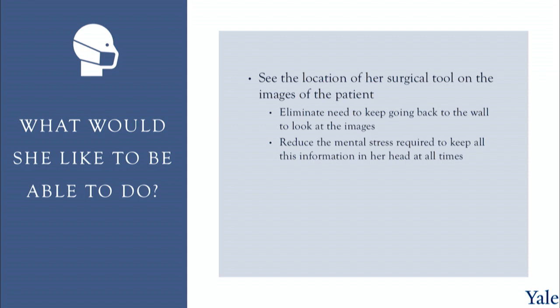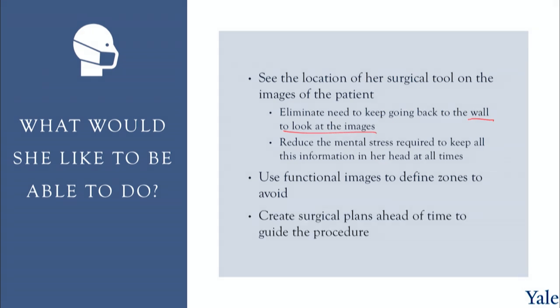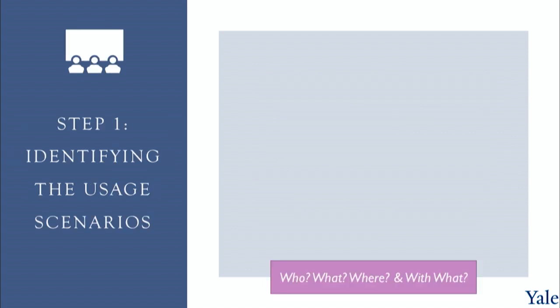This will eliminate the need to keep going back and forth to the wall to look at the images, and it will reduce the mental stress required to keep all the information in her head at all times. And maybe we'd like to be able to use functional images to define the zones to avoid. Remember my picture of the motor cortex that we showed about 3 segments ago. And finally, we'd like to create surgical plans ahead of time to guide the procedure so that we have plans drawn and can just go in the operating room and follow the plans.